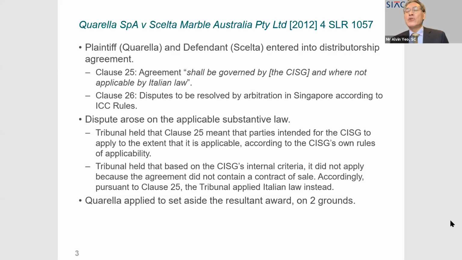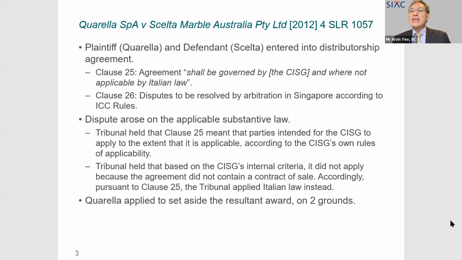Now, what happened in the arbitration is the tribunal looked at clause 25 and construed it to mean that the parties had intended for the CISG to apply, but only to the extent that it is applicable according to the CISG's own rules of applicability. So they respected the parties' choice in the sense that the starting position was the CISG, but depending on whether it would be applicable under the CISG's own internal rules.